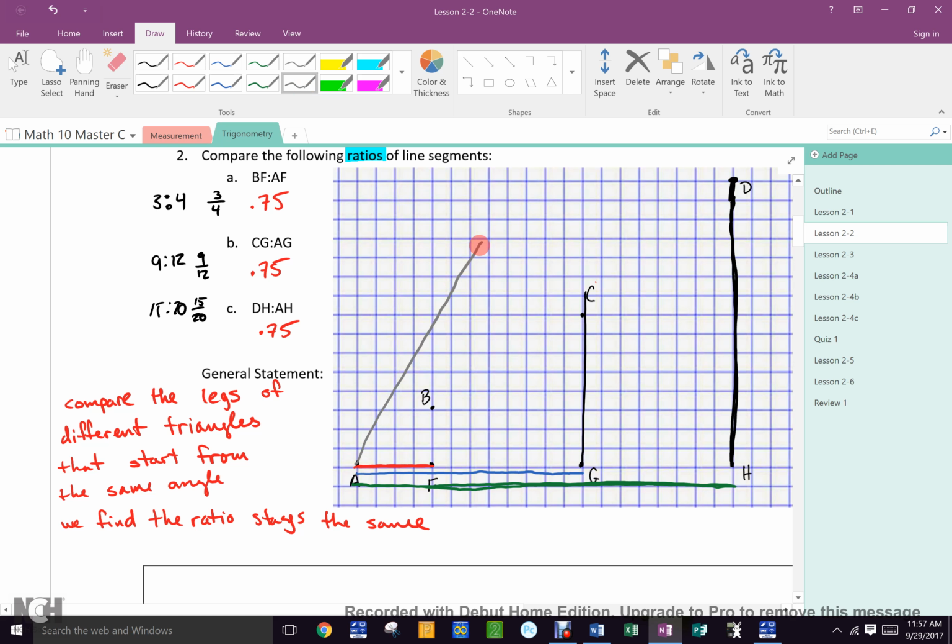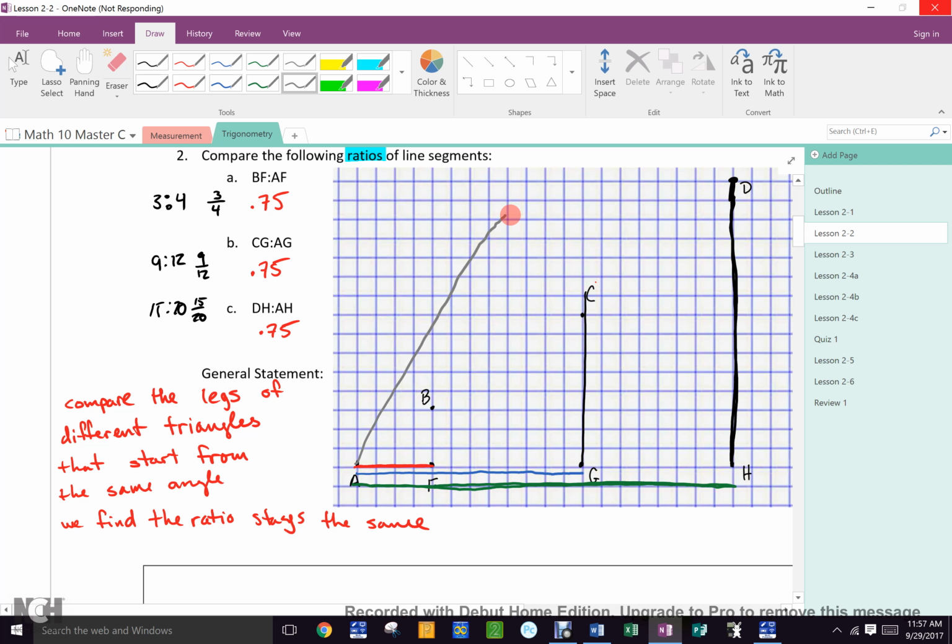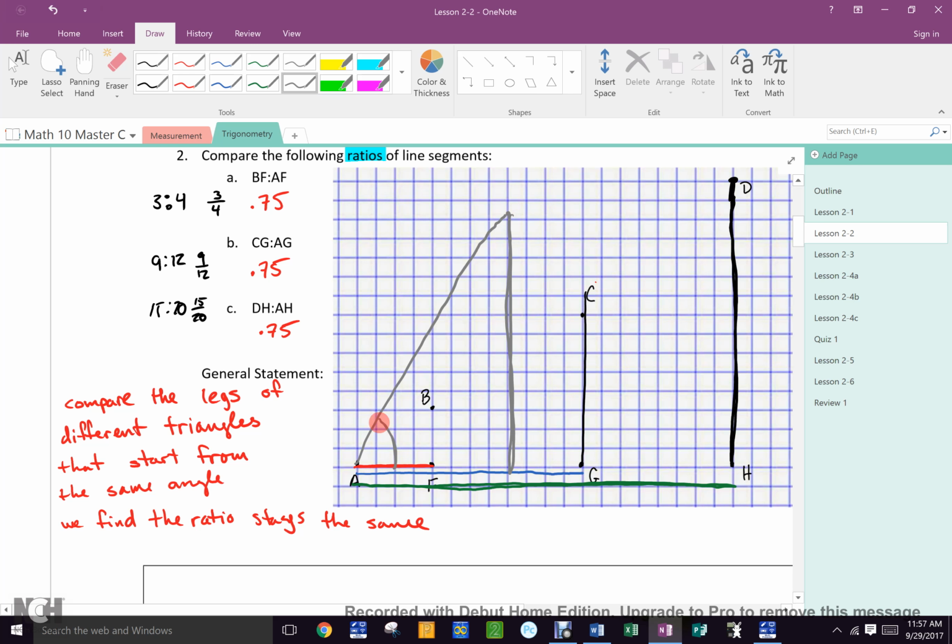Now, what if I erase this angle A and I drew a new angle A that went up here and down there? And I compared that vertical and that horizontal, but this is A now. Would I have the same decimal? No, I would not, would I? Why?